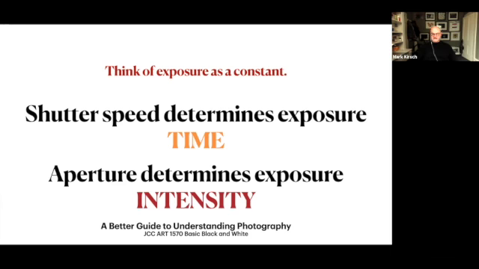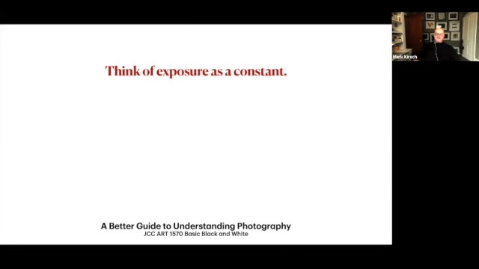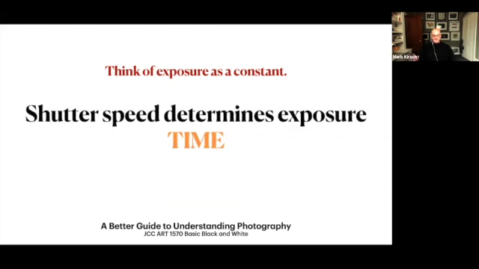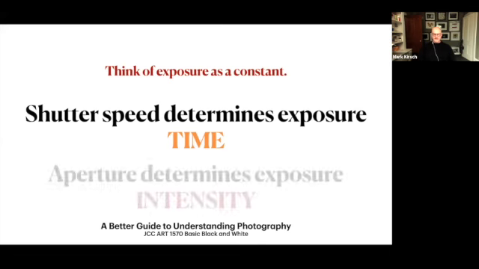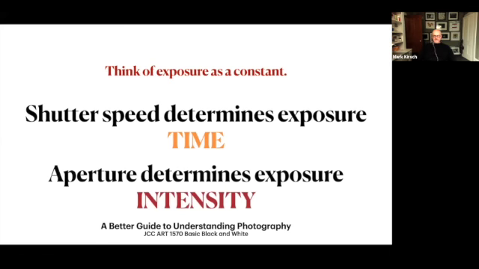Aperture determines the intensity of the exposure. Exposure is a constant. It's a combination of the length of time that light is allowed to hit the film and the intensity of the light while it's hitting the film.